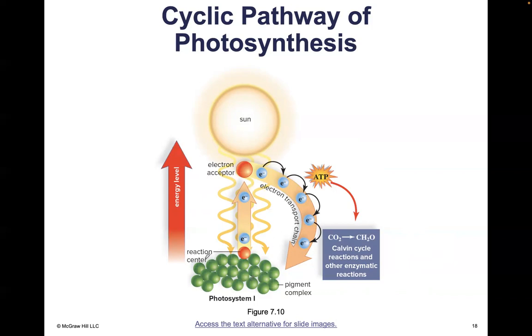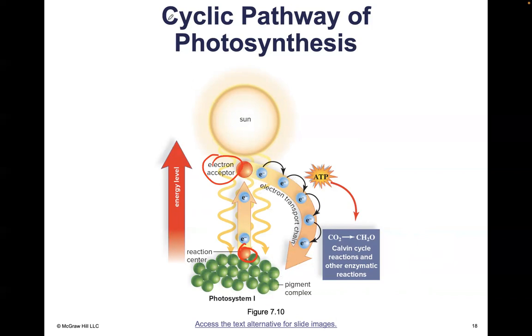Then this is a reaction center when the sun strikes it. Electrons are released and sent to the electron acceptor. Once the electron acceptor has gathered a lot of these electrons, it sends them back through the electron transport chain into the system.